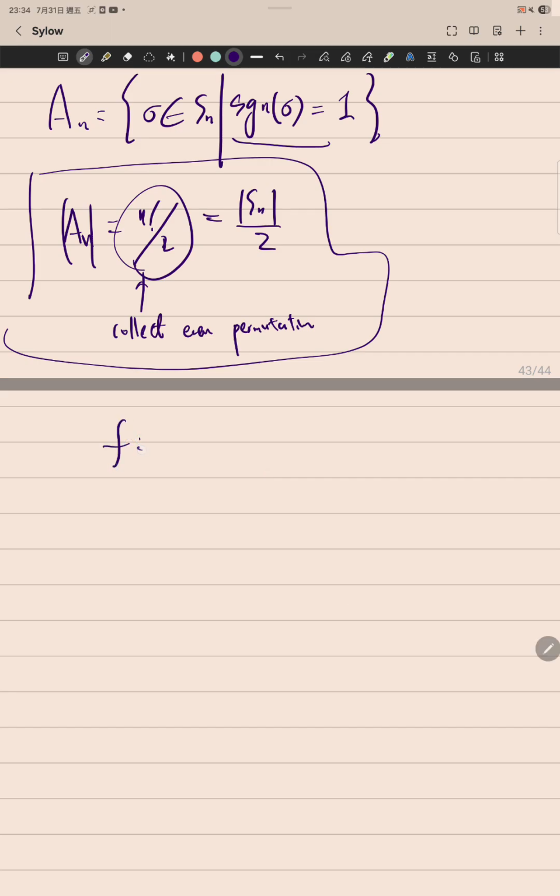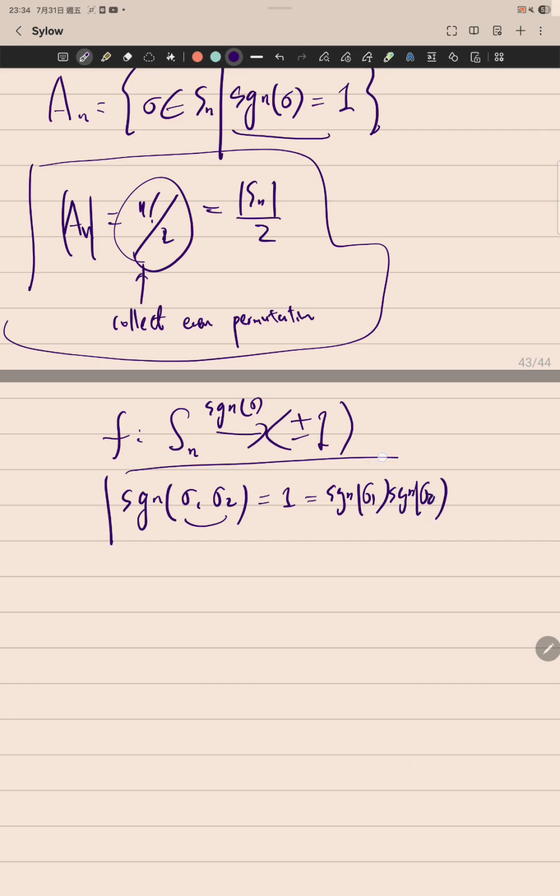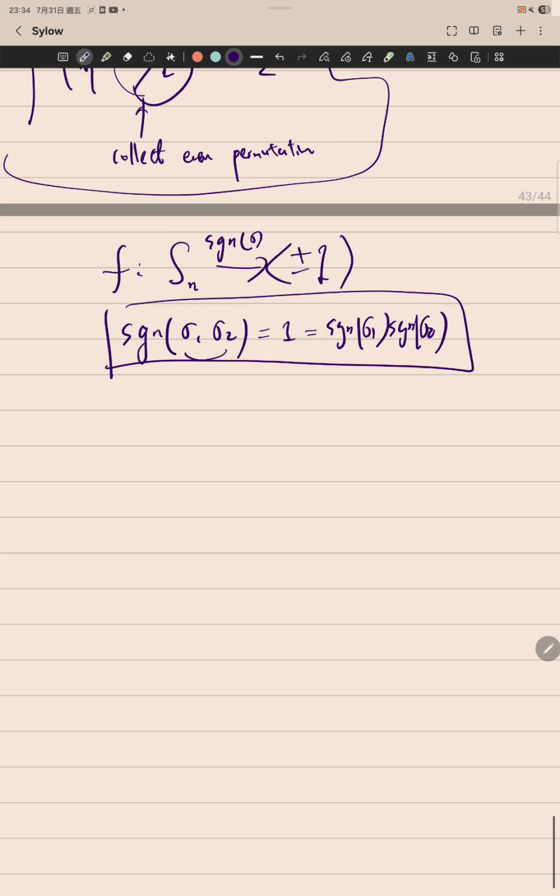One way to do it is using a homomorphism. You map Sn to plus or minus 1 by using this sign map, and this is a homomorphism, because if these are all even permutations, then you get 1. This equation is the same as even times even is even, even times odd is odd, and odd times odd is even.